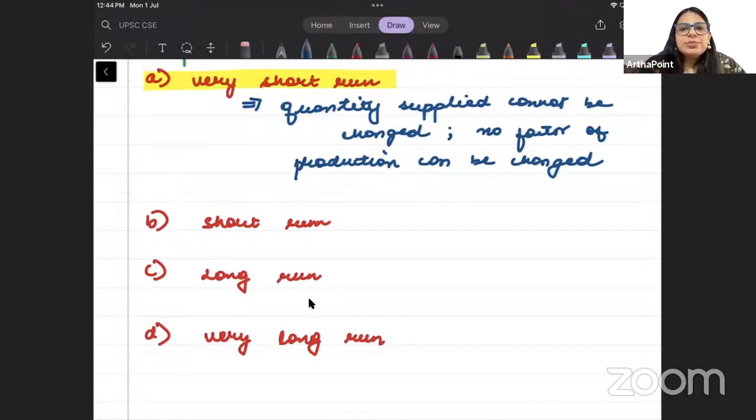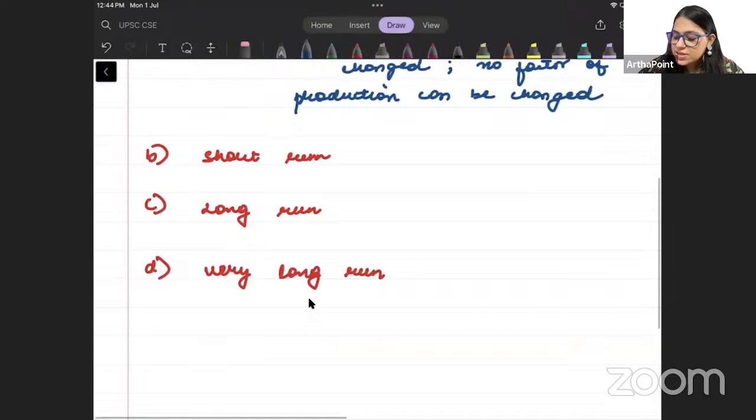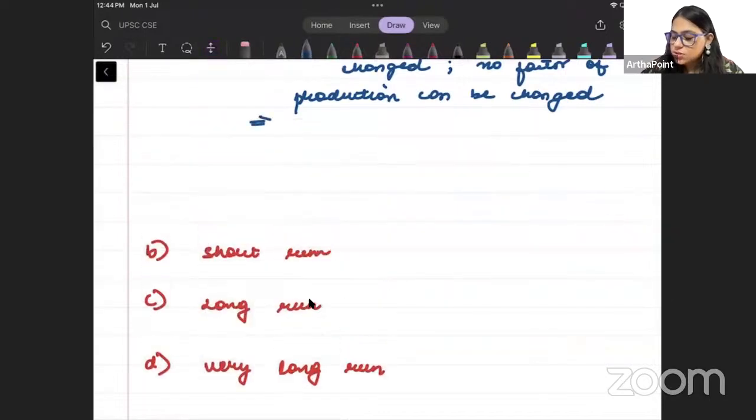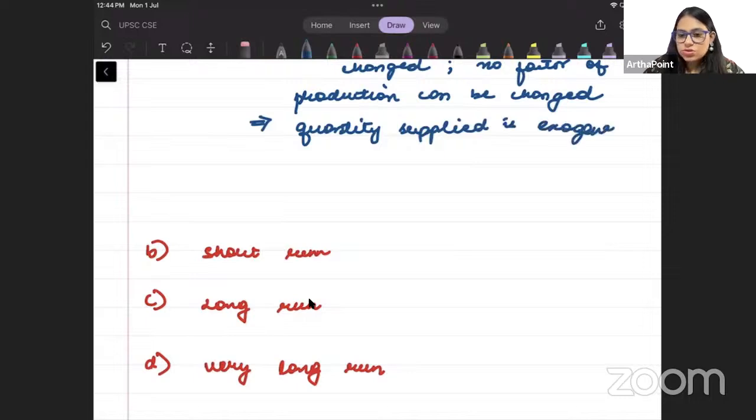Another very important thing here is that we therefore say that the quantity supplied is exogenous. Why is it exogenous?